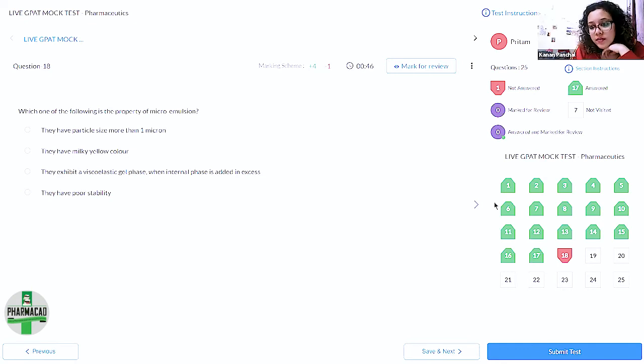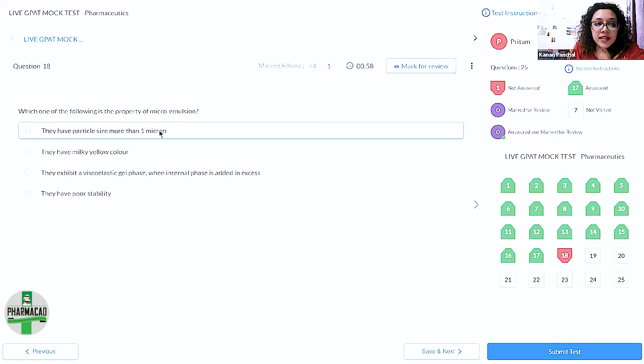Anybody else? Yes, ma'am. Option C. Okay. They have particle size more than 1 micron. No, it's a microemulsion. उसका कम होगा, 1 micron से कम होगा.